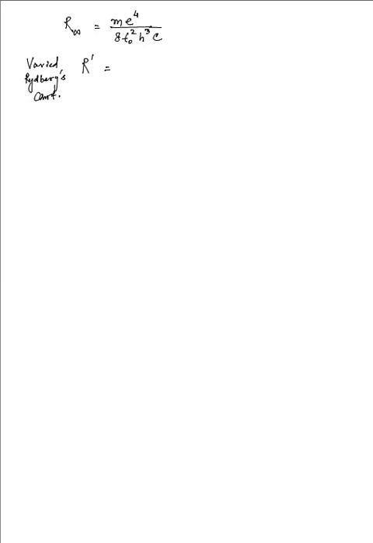And so R dash here is simply mu e to the power 4 divided by 8 epsilon naught squared h cube c. And if we write it explicitly, then what we get is capital M times small m divided by, well, we can place the M plus m on the other side, 8 epsilon naught squared h cube c, and the M plus m that was over there, I write it over here.